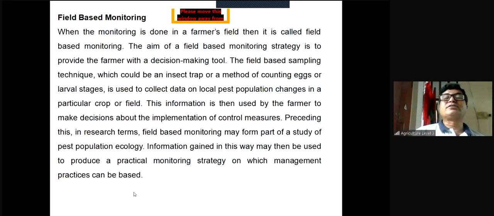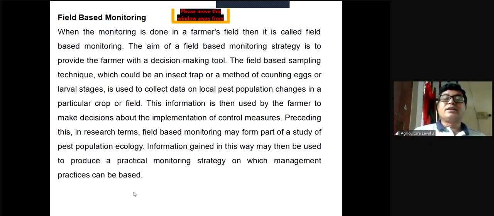Because the farmers do not know which methods will be applied and when, but the expert or the scientist knows what would be the right method, how we have to use it, why we have to use it, and what would be the efficacy, etc. But the execution part will be done by the farmers. That means the scientist or the expert will provide the information to the farmers, and farmers will execute all these.